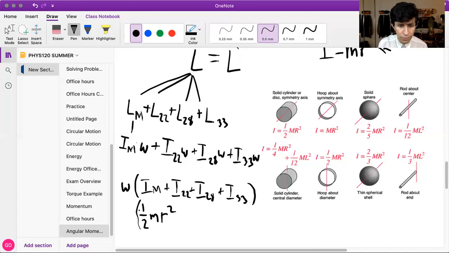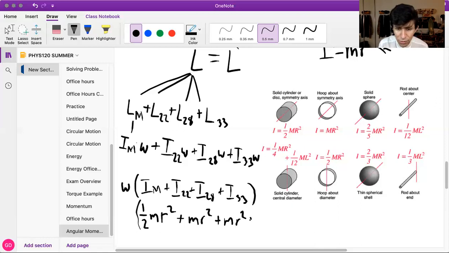So the moment of inertia for the merry-go-round is 1/2 mr squared. The disk has a factor of 1/2 in the front. That's the only difference. The others are just point masses, so not 1/2, it's just mr squared plus mr squared. The masses are different, and also the radius.